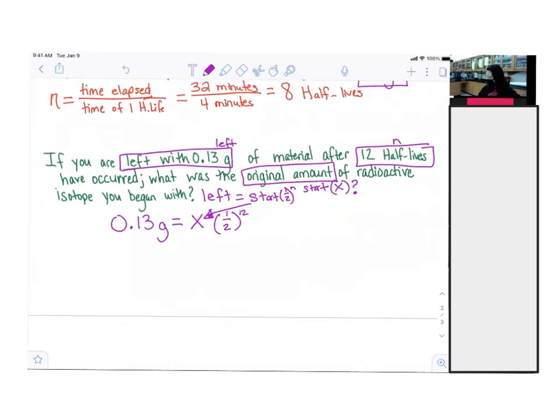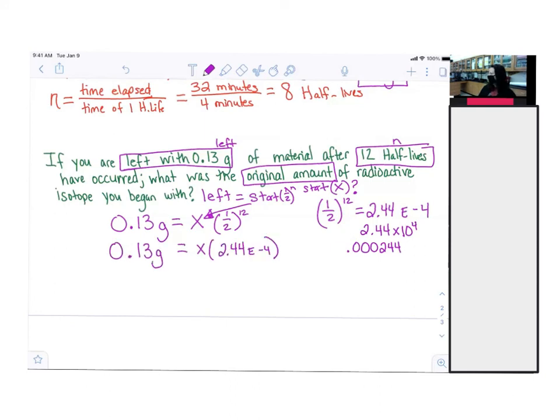The first thing I'm going to do is find out what 1/2 to the 12th power is. So I'm going to put that in. That is simply 2.44 times 10 to the negative 4th power. These three numbers here are all the same. Just think algebra.